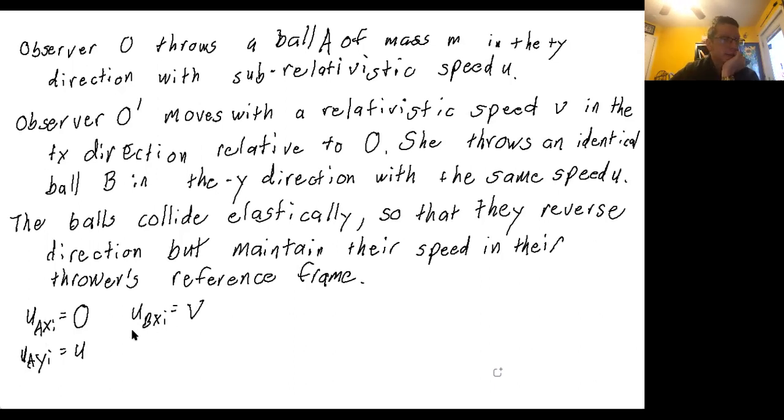And in the y direction, now in its own reference frame, it's moving with the velocity u, and that'd be negative u in its own frame of reference, but due to length contraction, it's divided by gamma.